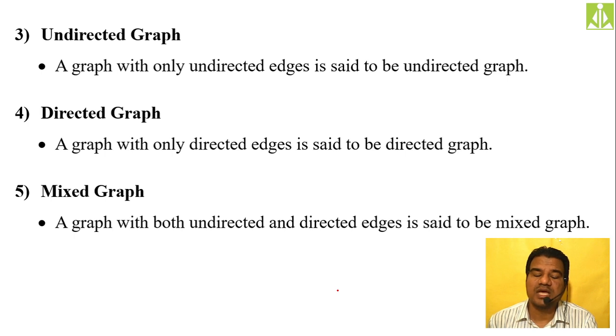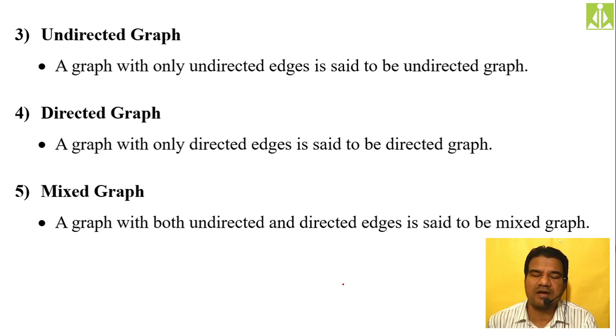Undirected graph means if your graph is having all undirected edges, then we call such a graph an undirected graph. There are no directions to the edges between the vertices.